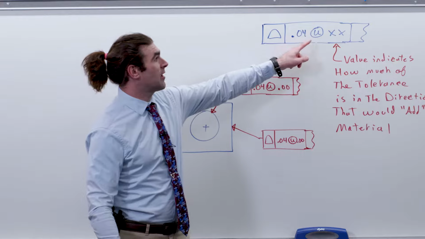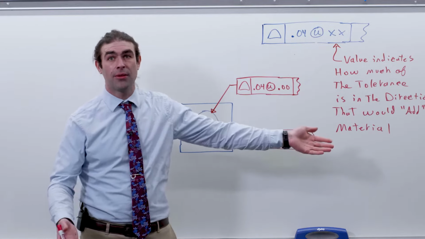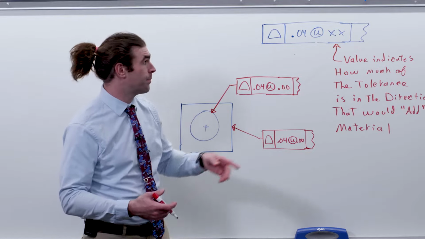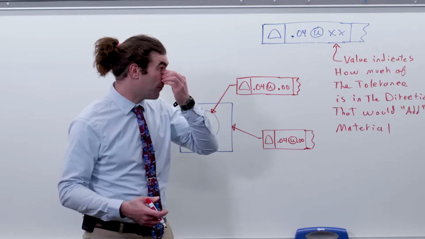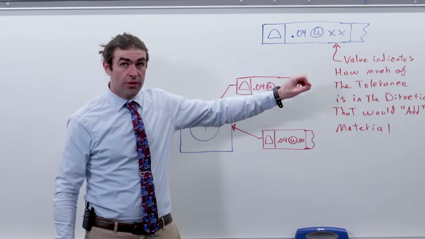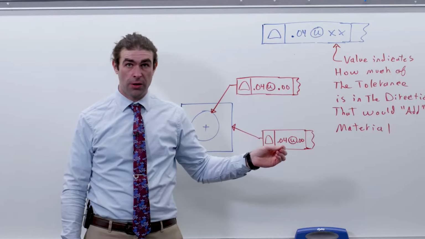So in this case, it could be 0, 10 thousandths, 20, 30, or 40. Or it could be a decimal of those, but normally you wouldn't add more decimal places than is already right here. Now, this value indicates how much of the tolerance is in the direction that would add material.